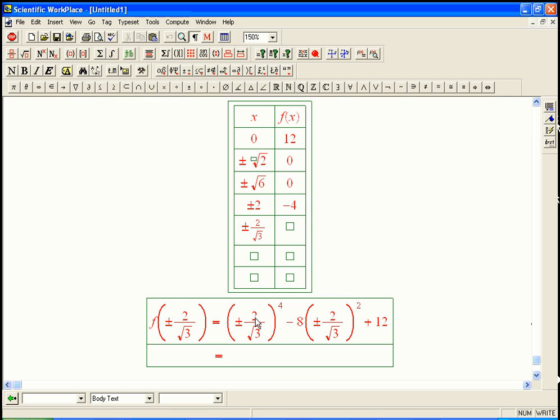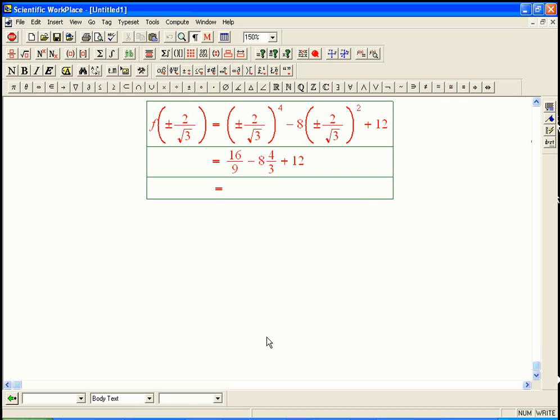Okay, so that's going to be 16 over 9, because root 3 squared is 3, and then squared again is going to be 9, minus 8 times 4/3 plus 12. Okay, so it's going to be a little bit of a complicated number.